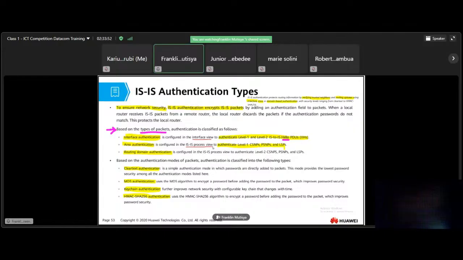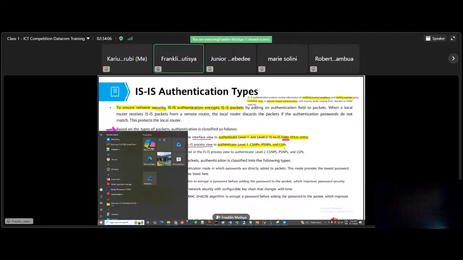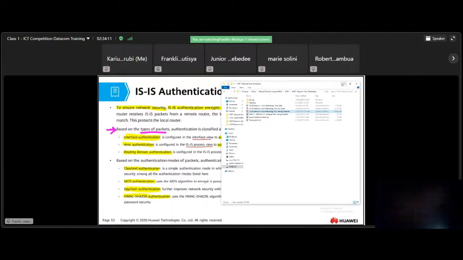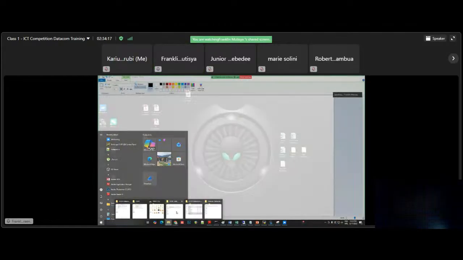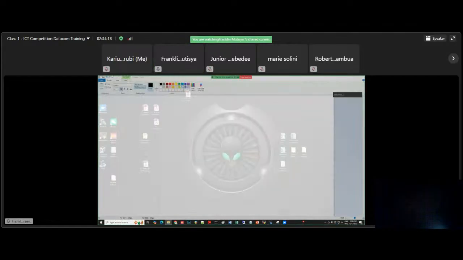The interface view means you have selected the interface that is participating in ISIS network communication, and then on that interface, you configure authentication. Let me demonstrate this very fast, so that you can differentiate the two.